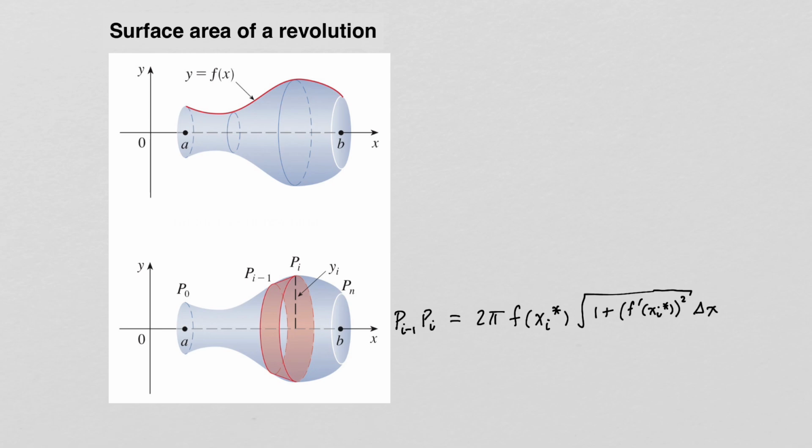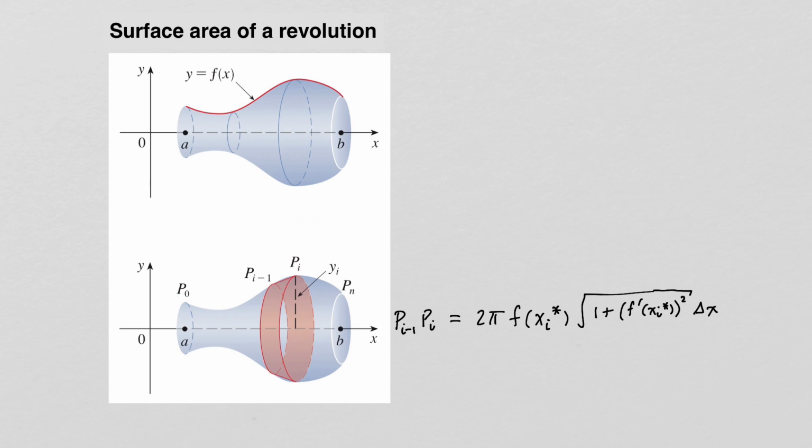And the formula for that is 2 pi times f of xi star times the square root of 1 plus f prime of xi star squared times delta x. Now you'll notice that it's related to the length of the arc, and that is because the length of the arc is the lateral height of this figure.